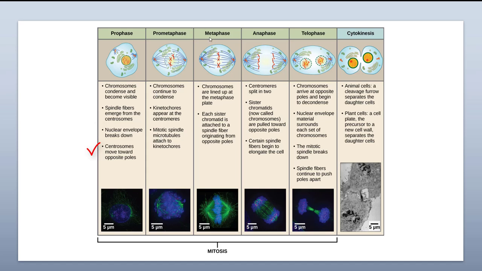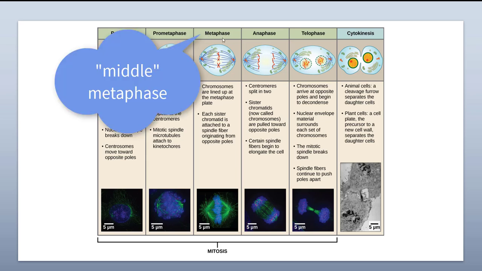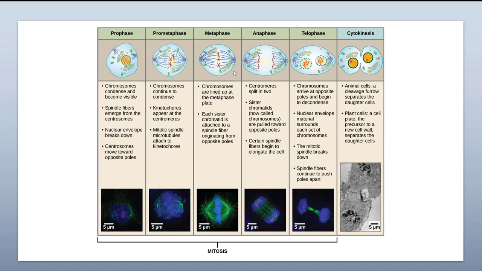So now we enter metaphase. I like to think of metaphase as middle metaphase, so think of the M for middle. What happens during metaphase is that the mitotic spindle is going to push and pull these sister chromatids to the equator of the cell.